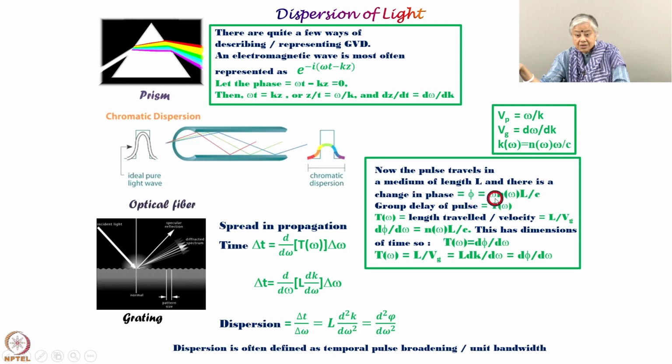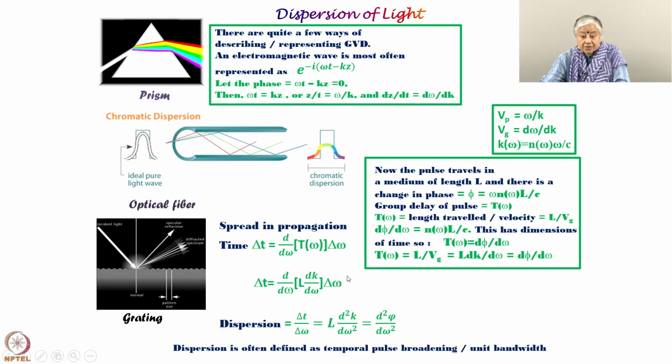So, this omega part goes, and what you are left over with is n(omega) L by c. This has the dimensions of time, as you can see. C is centimeters per second, centimeters will cancel off with L, and per second will remain.